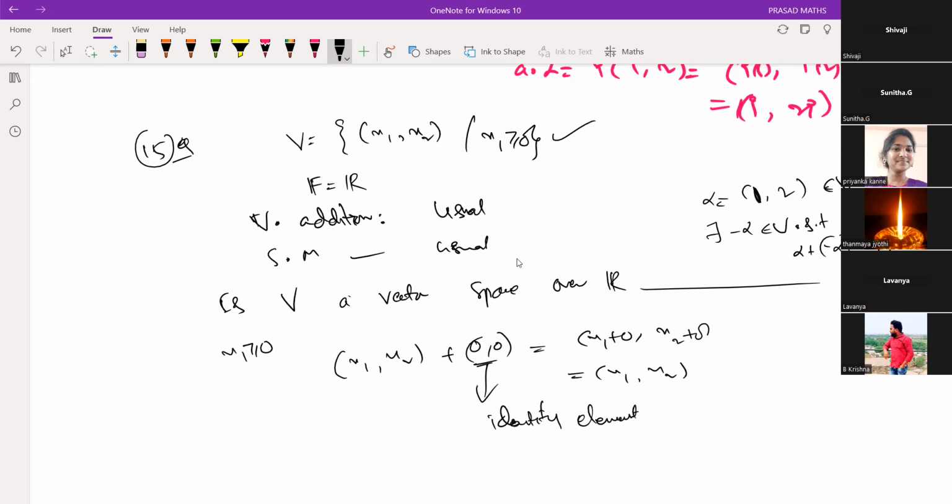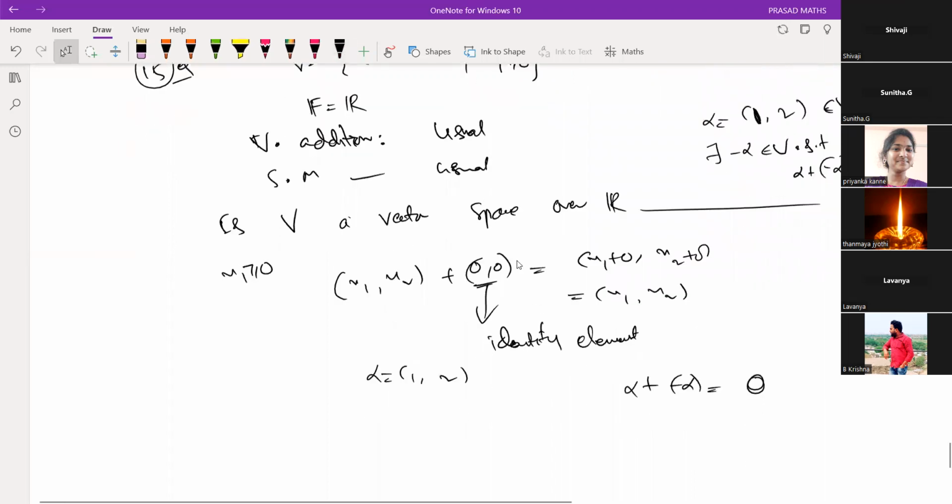The question is, does it have an inverse? Suppose alpha is (1, 2). What is minus alpha? It is (-1, -2), and alpha plus minus alpha is 0. But is minus alpha an element of V? No, because minus 1 is negative.